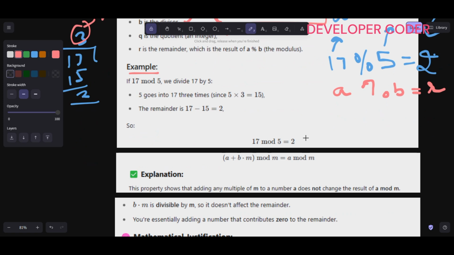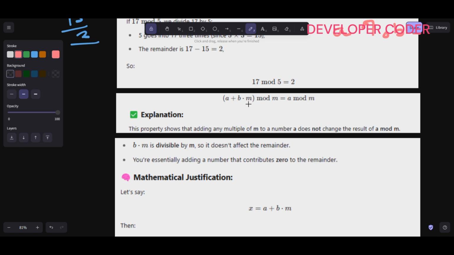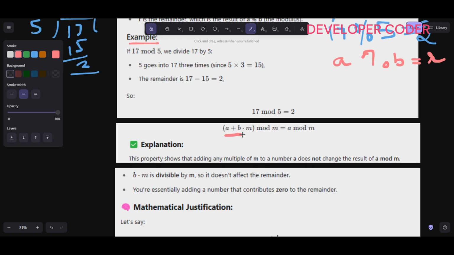Now here there is one more thing. Here, (a plus b dot m) mod m is equal to a mod m.